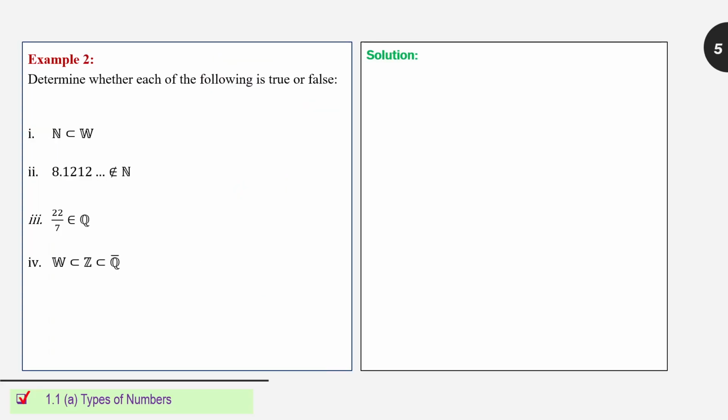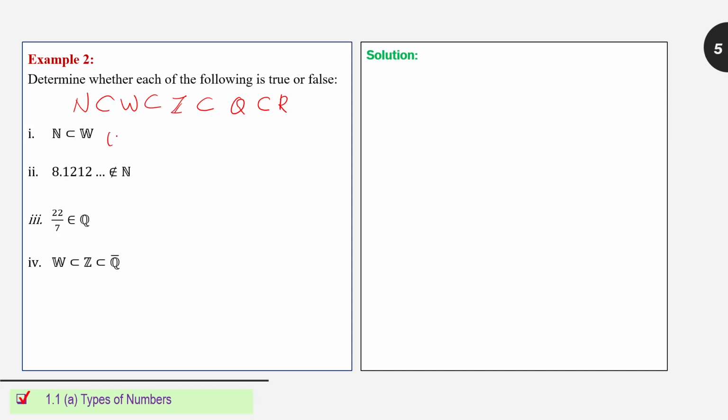Okay, now the next example: determine whether each of the following is true or false. This one is about subsets. So we recap: the biggest is our real numbers, then it will be our quotient numbers, then our integers, then our whole numbers, and then our natural numbers.